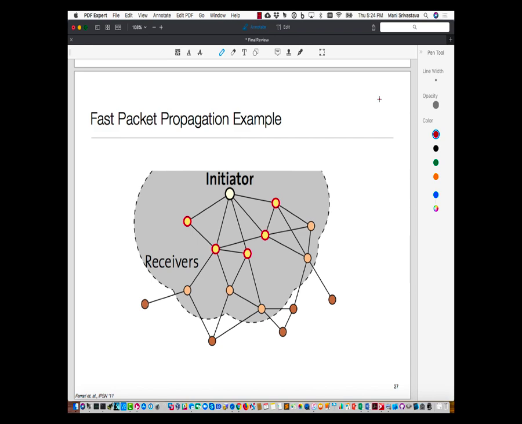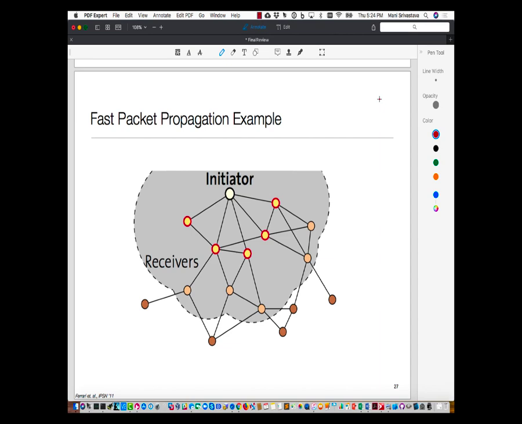But this particular scheme literally just used this very simple idea that the initiator sends out a packet. Then the first hop nodes, which are the ones in red, all receive it. Then in the next epoch, all the red colored nodes transmit, but they transmit the same thing at the same time. And therefore, those nodes which are neighbors of both are still going to be able to decode it.